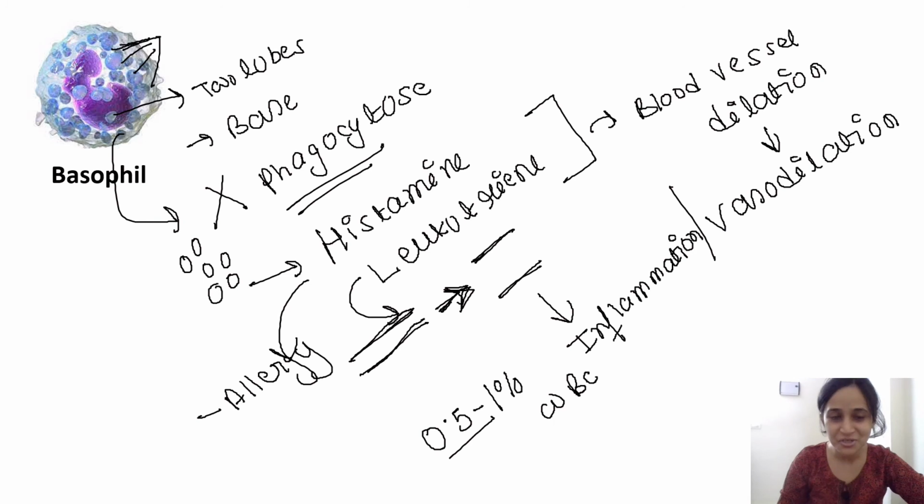These degranulations, basophils will produce numbers of granules in your blood, and that will cause vasodilation, and basophil will cause allergy. So that is dangerous. That's why we have a small number of basophils in our blood, and they also cause asthma. So they play a role in allergy, asthma, blood vessel dilation and inflammation, right?